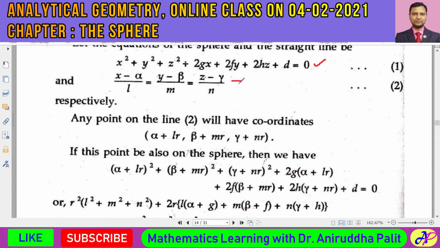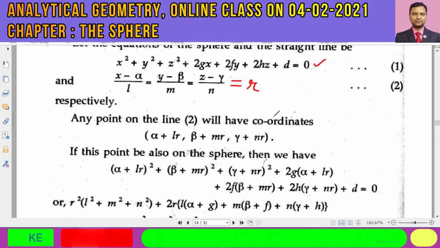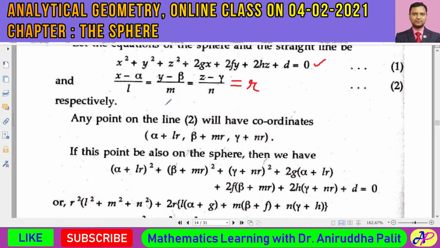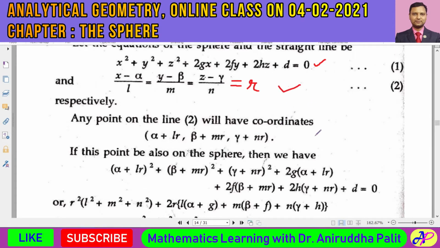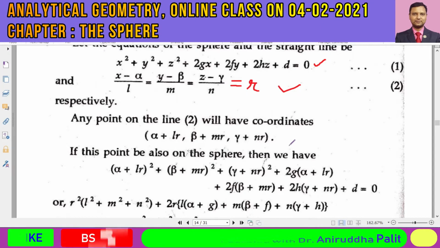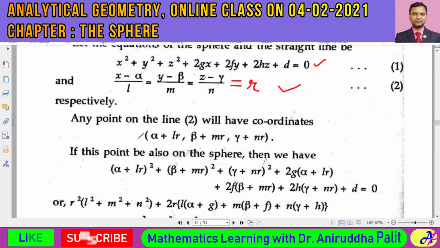Over here, if we consider this ratio as equal to the parameter r, then from the first ratio compared with this r, from the second ratio compared with this r, and from the third ratio compared with this r, we will find that any point on this straight line number 2 can be written in this fashion, having coordinates.